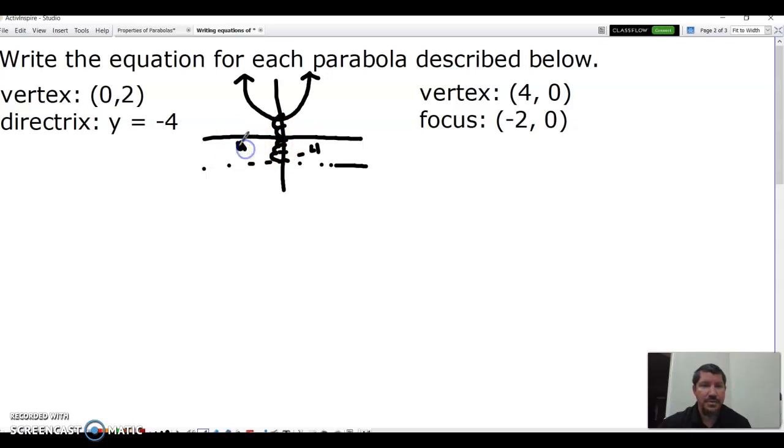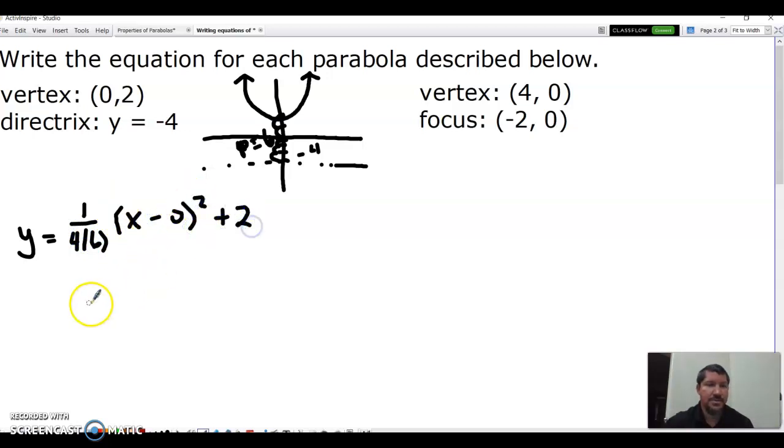I know it's terrible drawing, but p in this case equals 6, which is the important thing. So this is y equals, it's opening up, so 1 over 4 times 6 times x minus 0 squared plus 2, or 1 over 24 x squared plus 2.